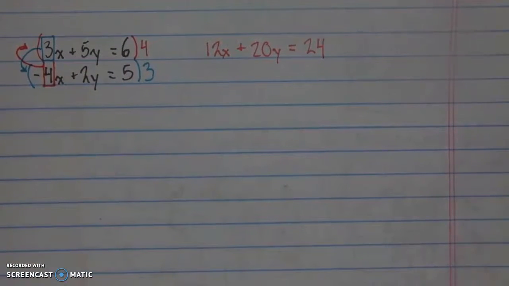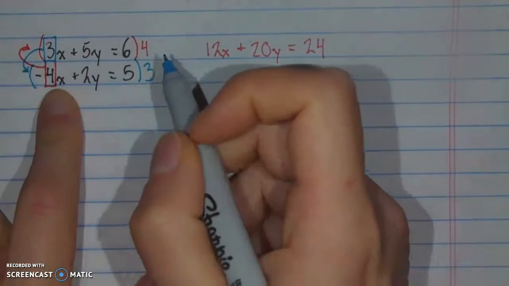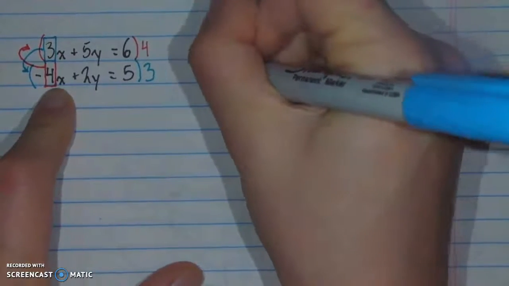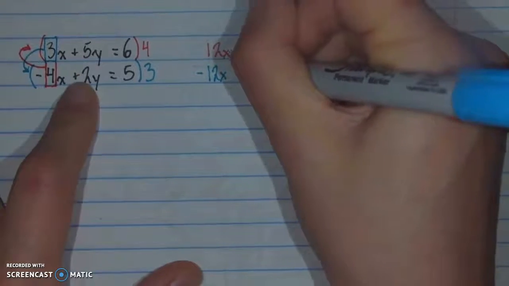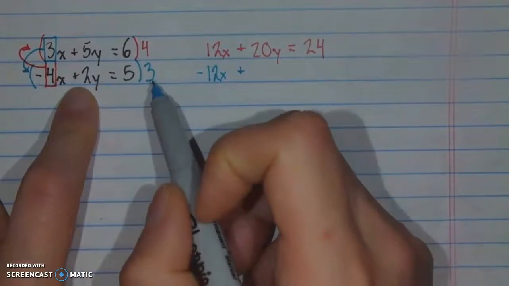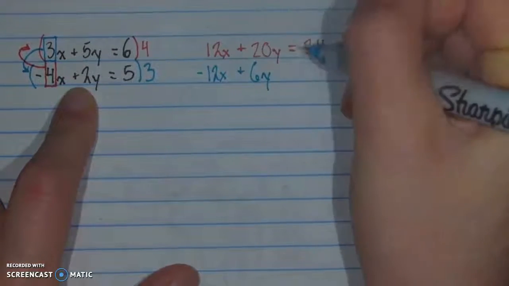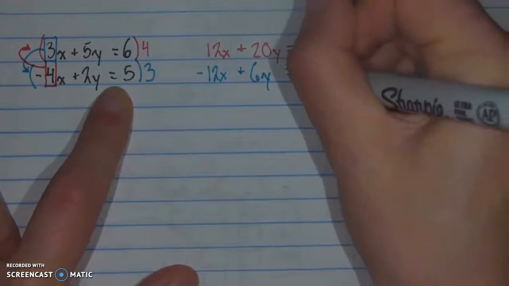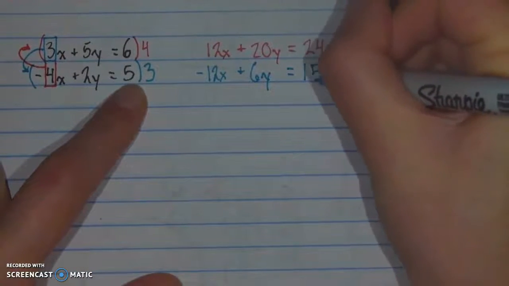In my second equation, distributing that 3, I'm going to get that 3 times that -4x. Don't forget your negative in this case. And that's going to give us a -12x. Plus, and don't forget to distribute to everything in here, 3 times 2y, which is equal to 6y, is going to give me an answer 5 times 3, or 15.